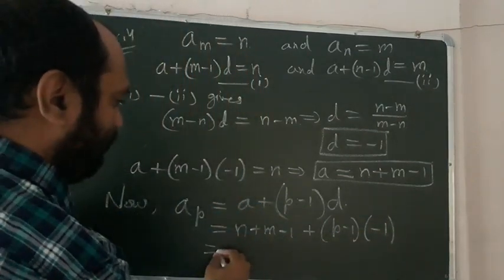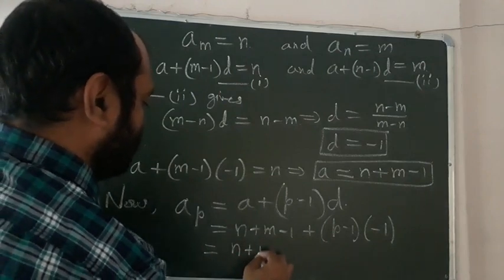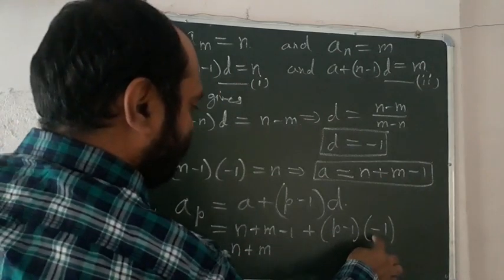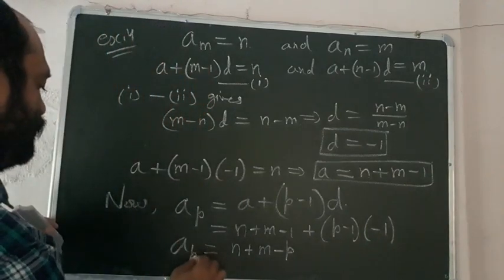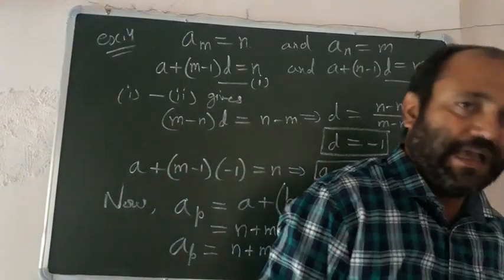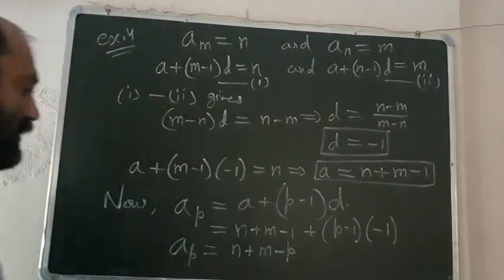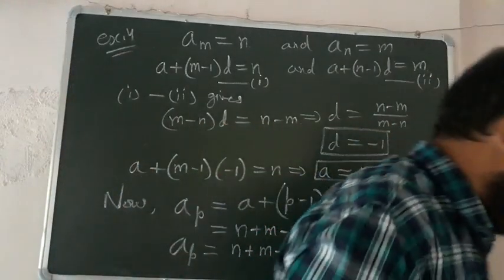When you simplify this, you will get n plus m minus 1 minus p plus 1. So the pth term of this AP is n plus m minus p. That is the right answer for this example number 4.